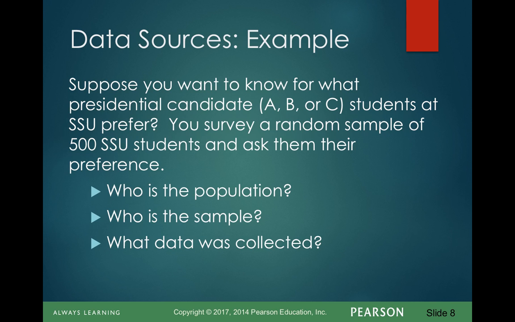So who is the population, who is the sample, and what data was collected? Well, guys, the answers: your population would be all SSU students. The sample would be the 500 students that you sampled. And the data that was collected would be the presidential preference, A, B, or C, Clinton, Trump, or Bernie.